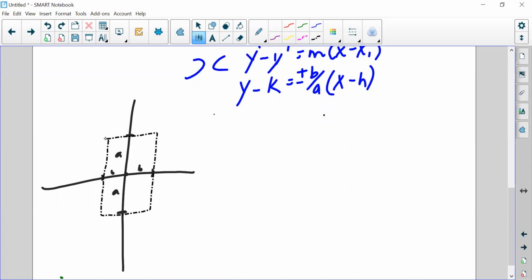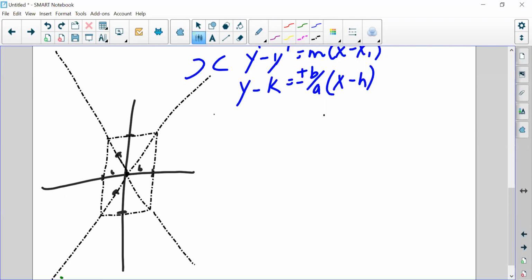There's my transverse axis. There's my conjugate axis going through the center there. And so my asymptote this time is going to go like this. It does help to have a ruler. So there's my asymptotes this time.